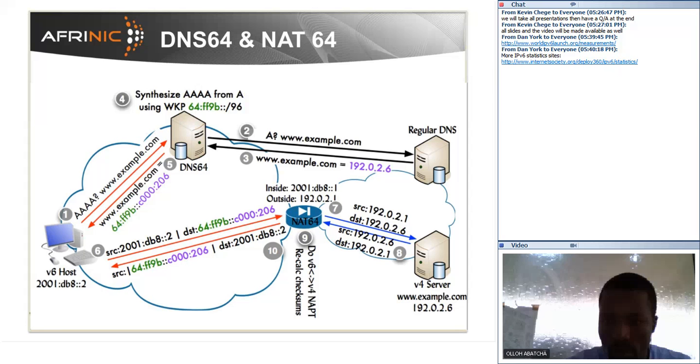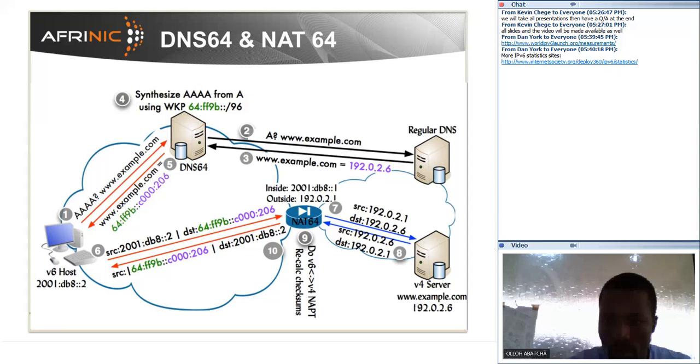Anyways, going back, so now your host has a quad A record of the website that it wanted to visit, example.com. So step 6 is the source with its IP address, you see, 2001:DB8::2. That's the source. And the destination would be 64:FF9B:: and then the IPv4 address.